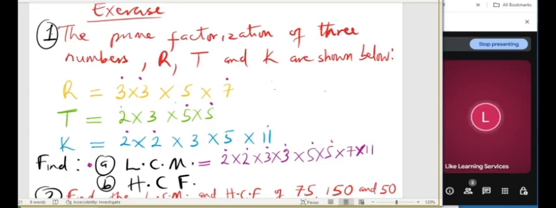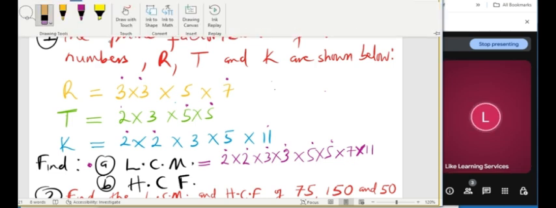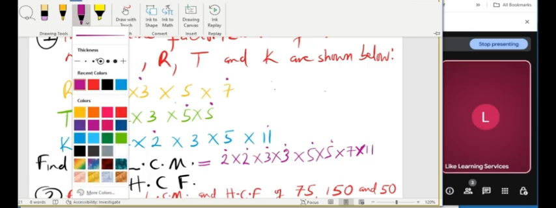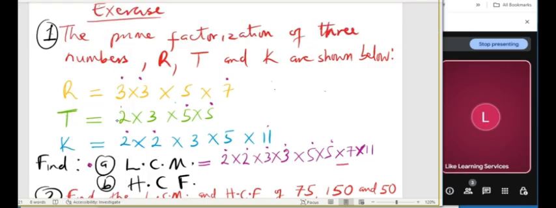It's a large number. Did you get 138,600?